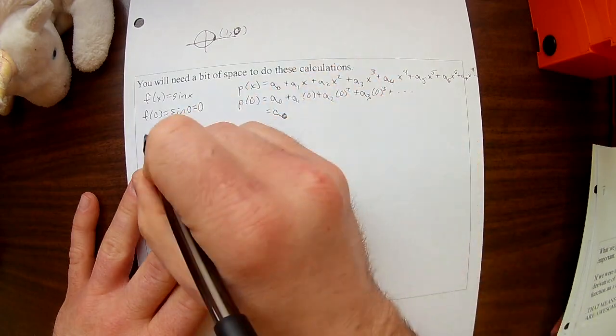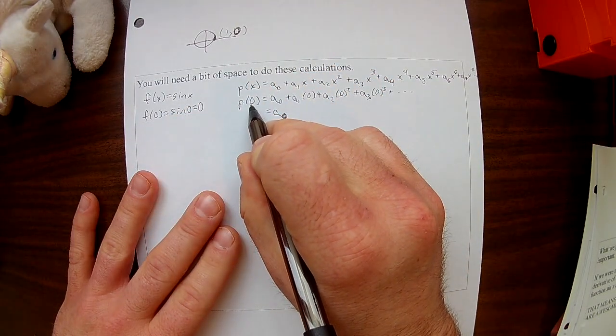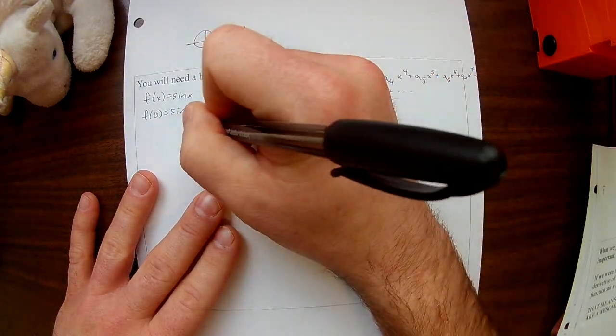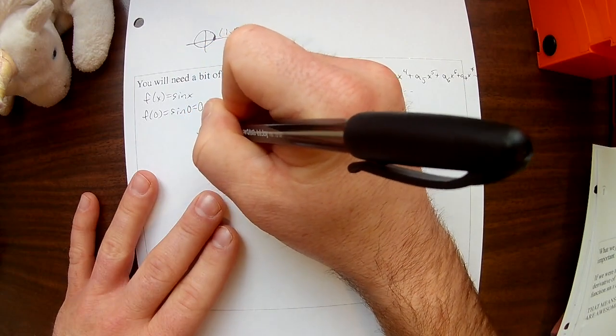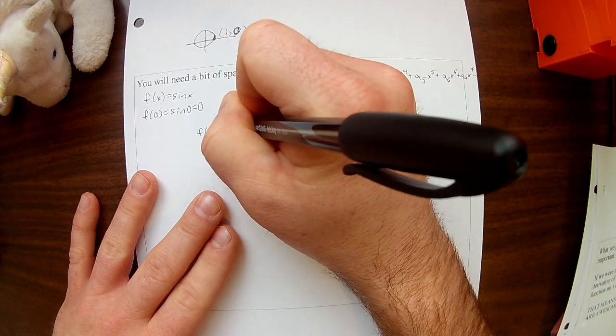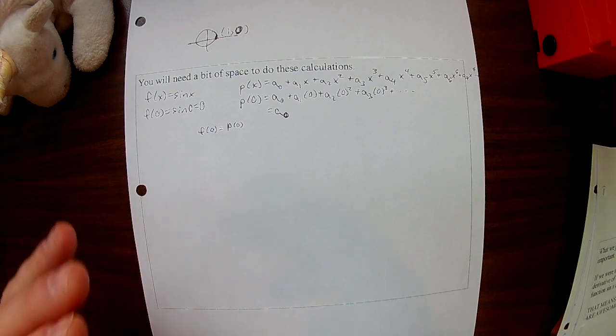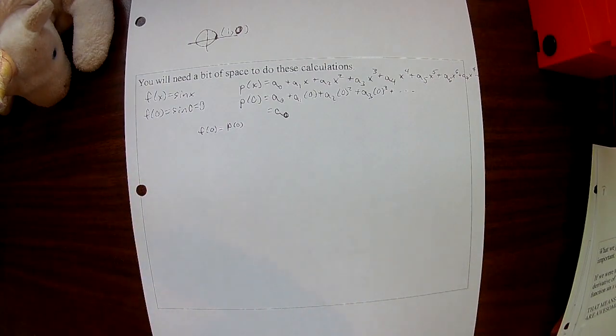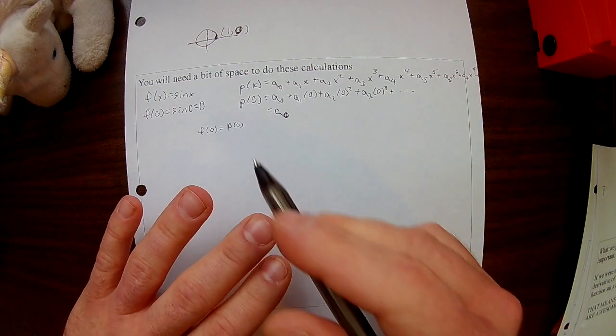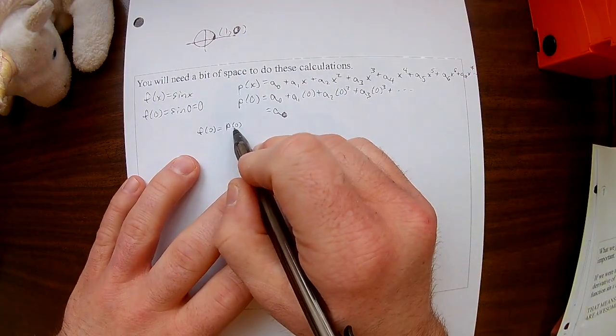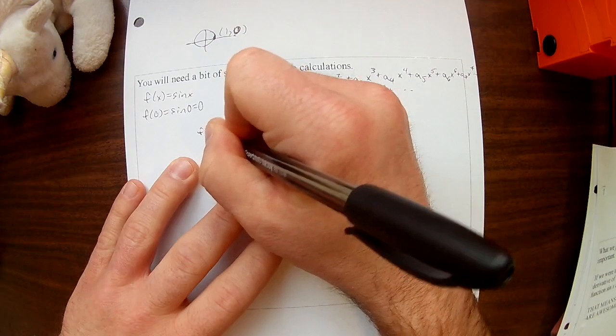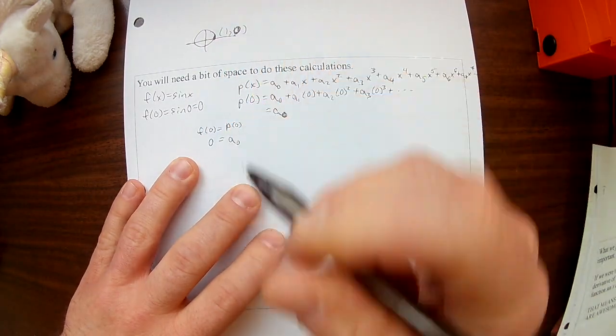What we can now say is f of 0 has to equal p of 0, so let's just write that out. F of 0 equals p of 0, because again, we want the function to equal the polynomial value. We have f of 0 equals p of 0. That means 0 equals a naught.